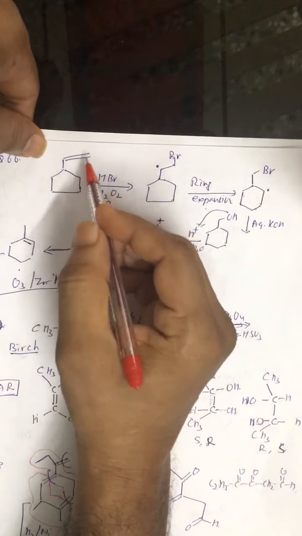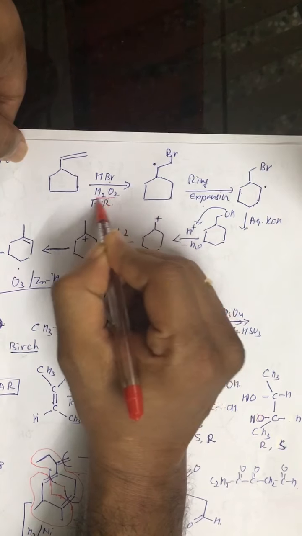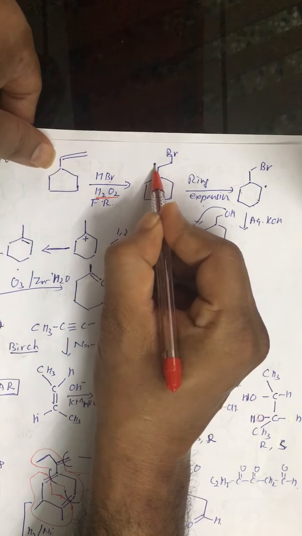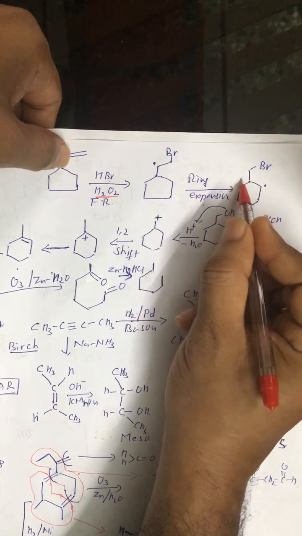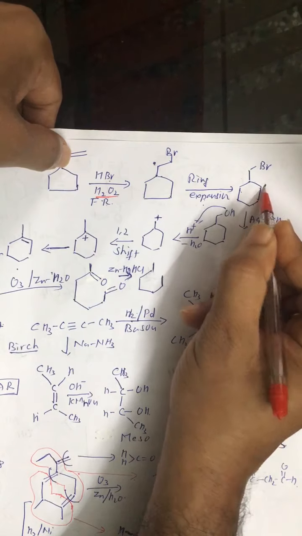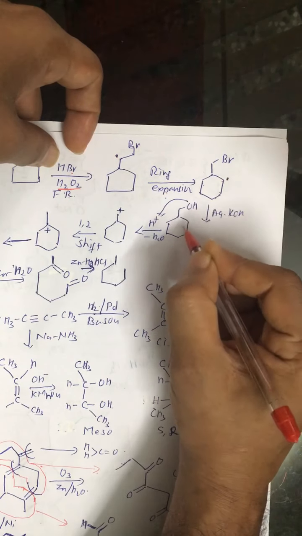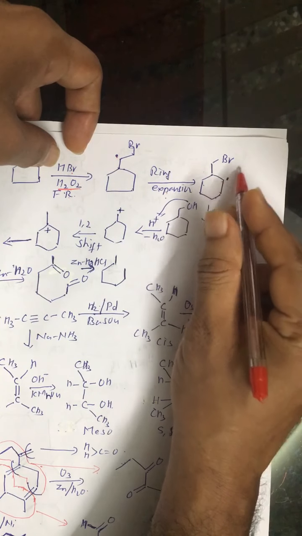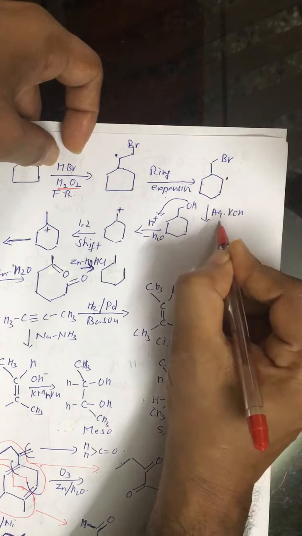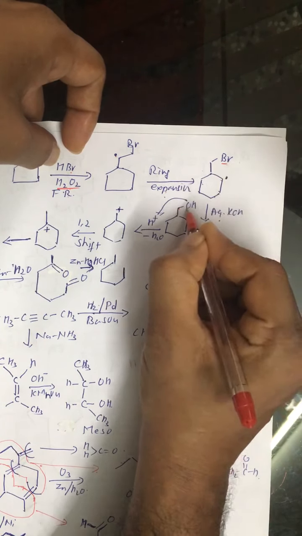In question number 66, first HBr in the presence of peroxide, it is a free radical substitution. So it is Br, and we are getting a free radical. And then again ring expansion is there. We get this free radical here, and then hydrogen is added, and we get the final product. Then it is treated with aqueous KOH. This Br is hydrolyzed to OH.